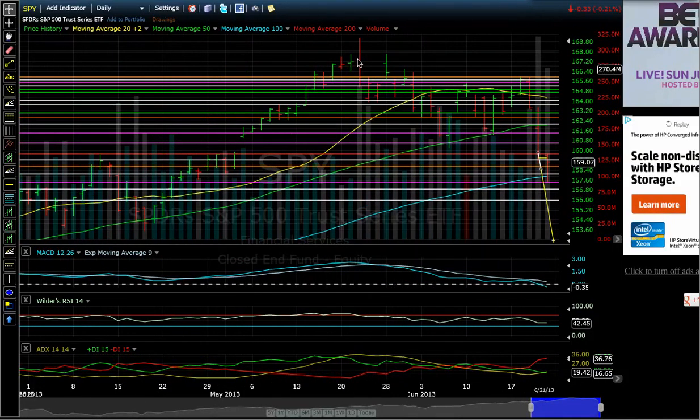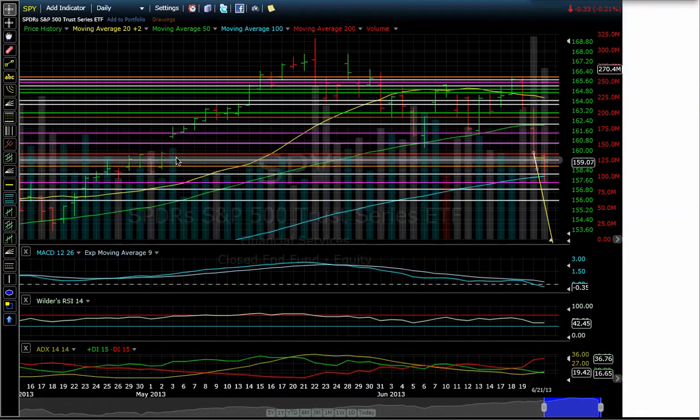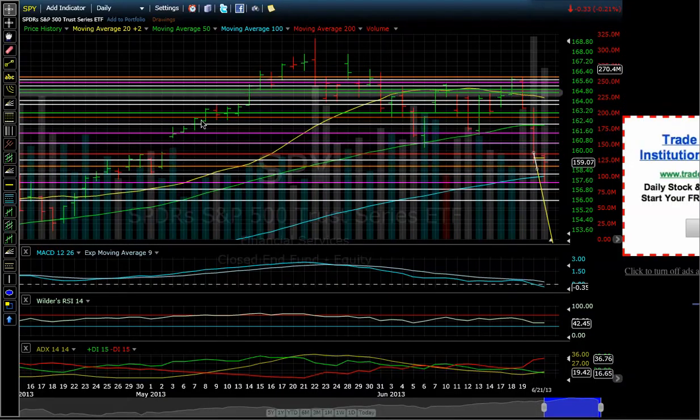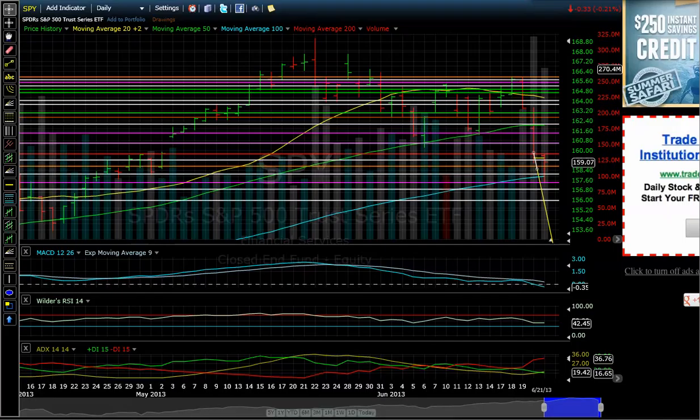We have all these lines in there from us, of course. But remember, this red line, we said this was our gap fill area.